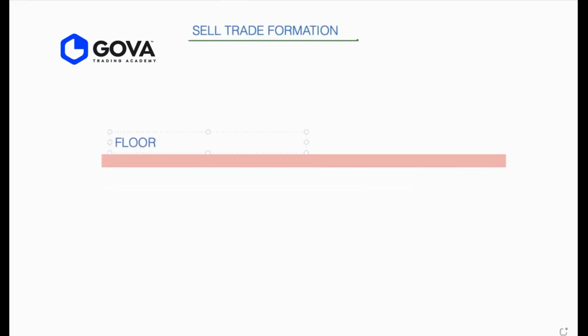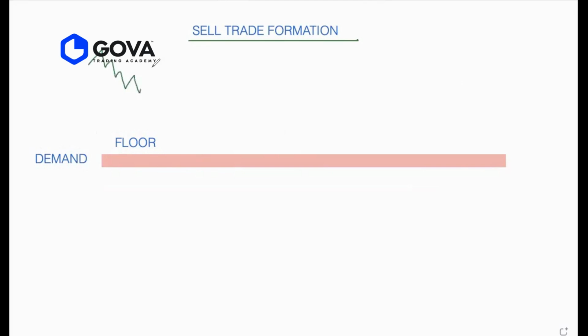Now, here's an example. Let us assume that this area in the market is the demand, which is also known as the floor. You can call it a floor or you can call it demand area, okay? Let us assume that market price has been bouncing off the floor.